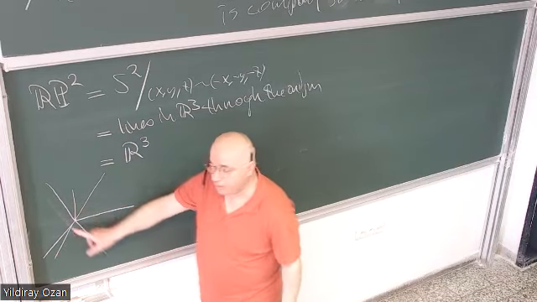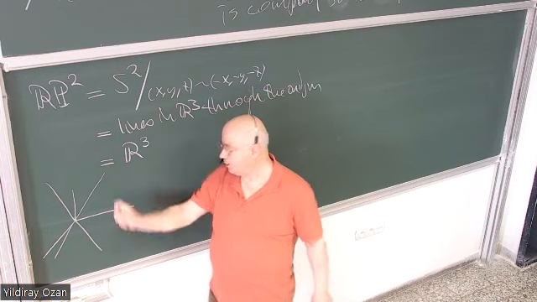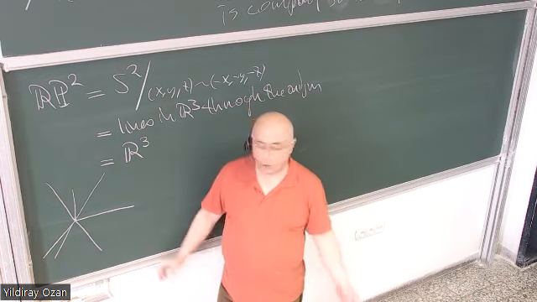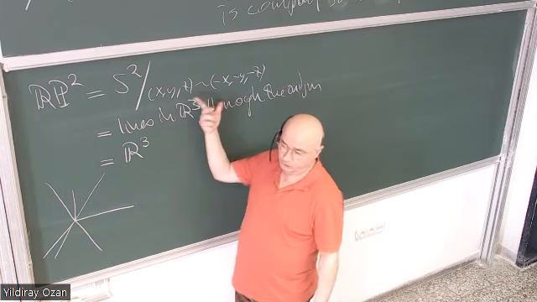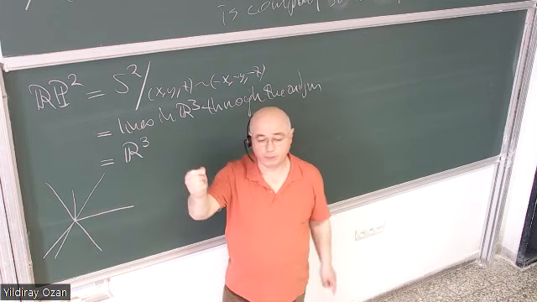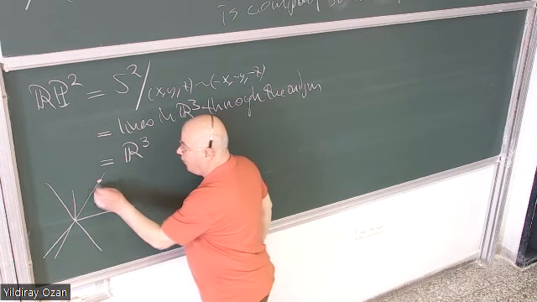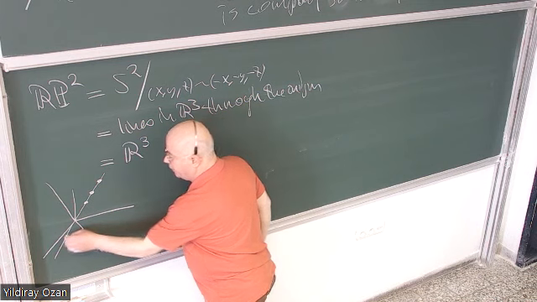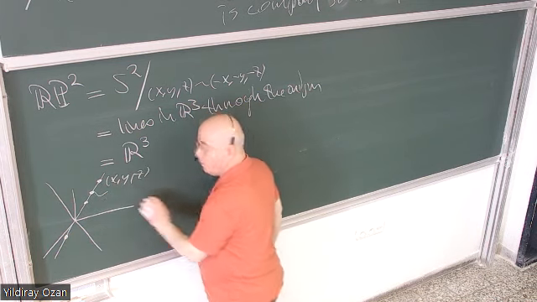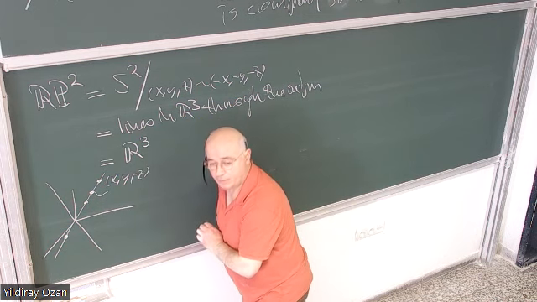So this line will be considered as a single point. This line will be considered as a single point. So I can just do something similar to this one. I can just collapse all this line to a single point. I can identify all the points on this line, right? If this point, let's say, has coordinates x, y, z, what are the coordinates of this point?